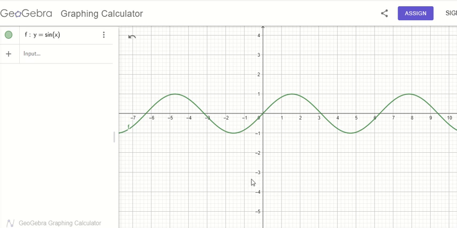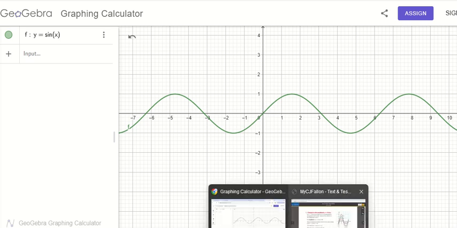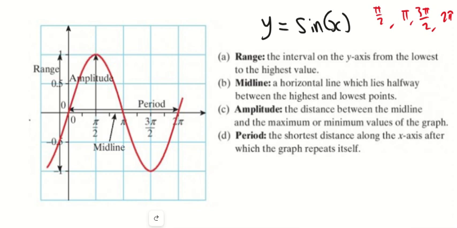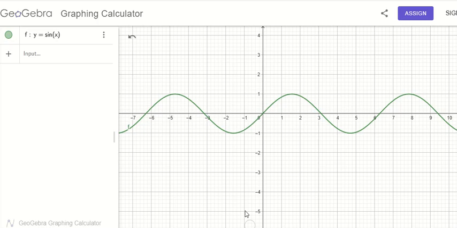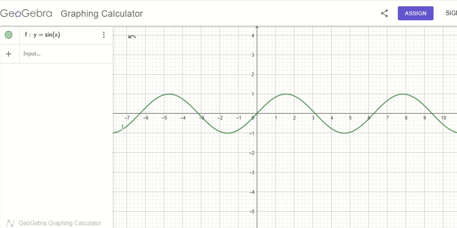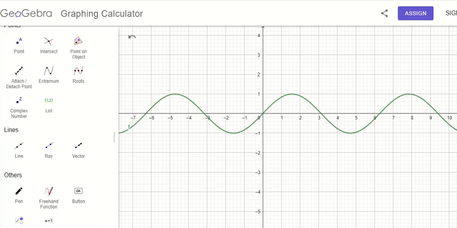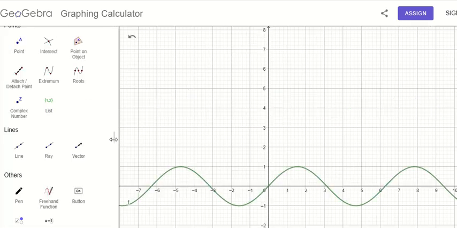Some things then that we need to understand about it are these things here. So the first thing is the range. The range is the interval on the y-axis from the lowest to the highest. That's quite easy to see. All that means is it's just the distance from the highest point to the lowest point.